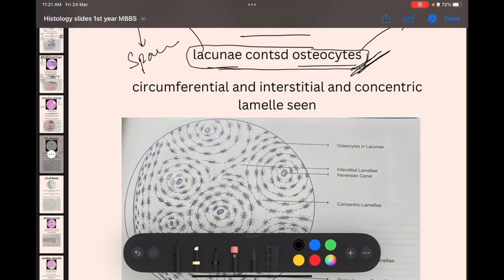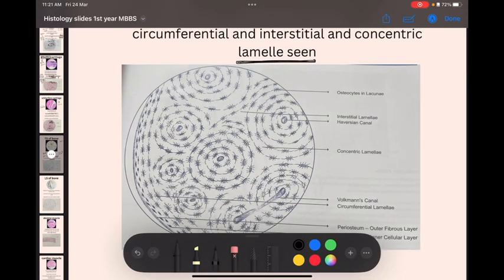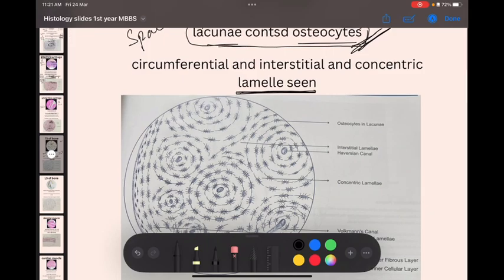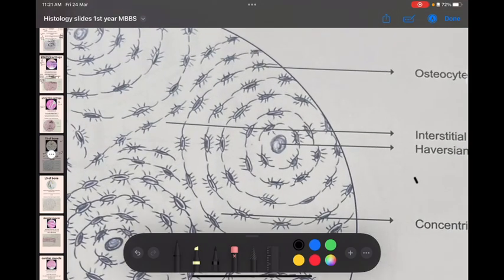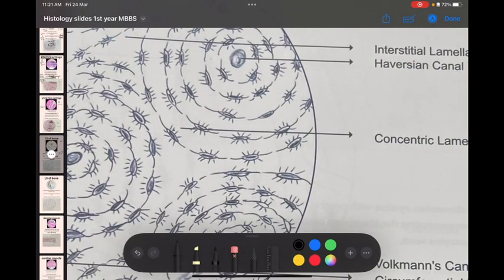Now coming to the lamellae. What is lamellae? Lamellae is a sheet like structure, okay. So these lamellae are present between the lacunae. This is a lacunae, this is a lacunae, this is a lacunae, right?